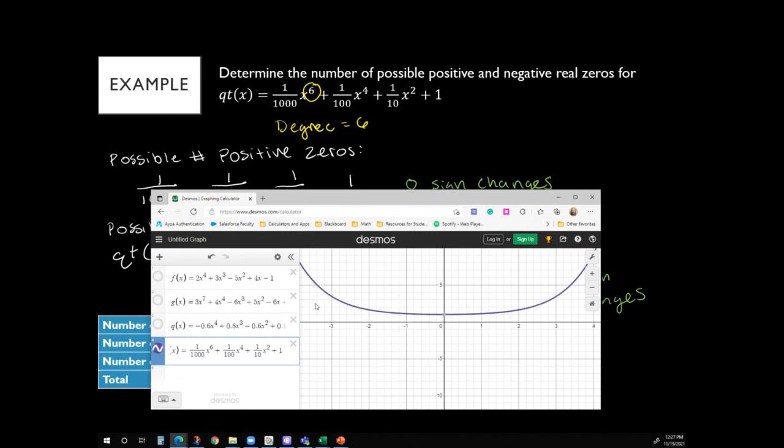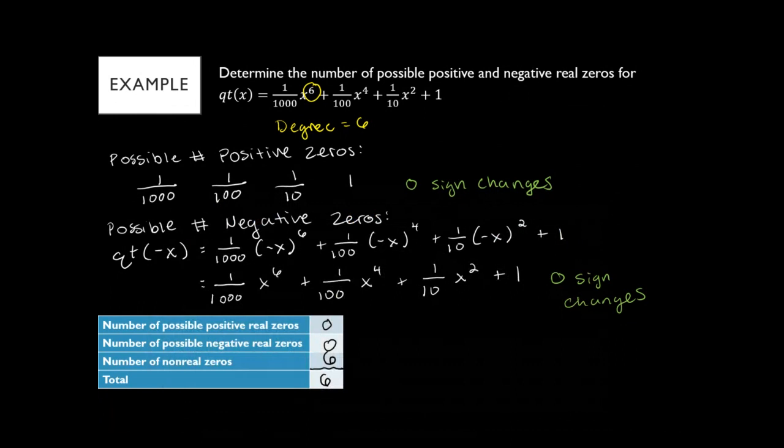This is another one where it never crosses the x-axis. We have 0 x-intercepts, but we still have 6 zeros. They're just all complex numbers. So they don't show up on the graph, but they still exist. So we've got only one possible combination, and you can see that the graph reinforces that.